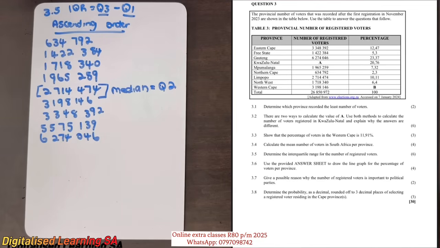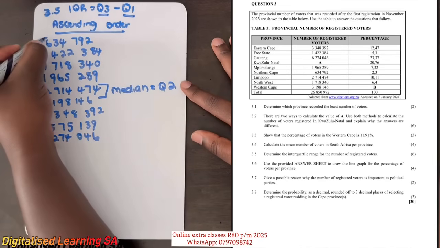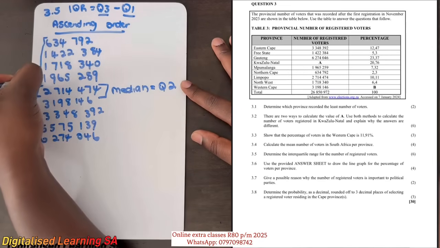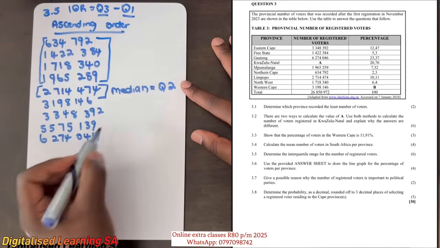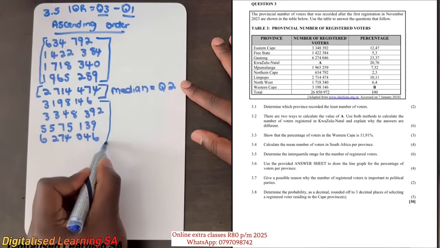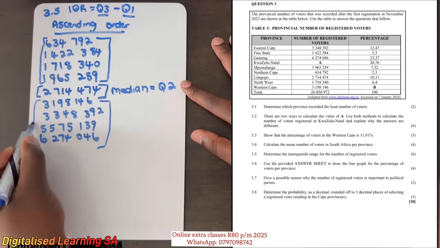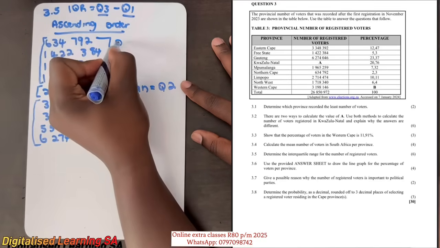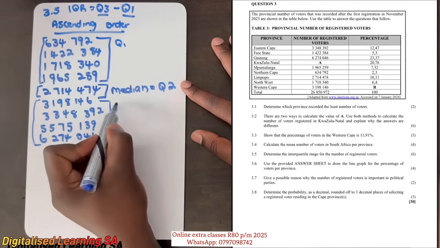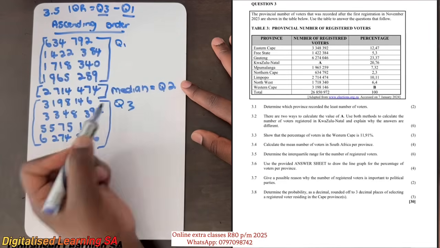So after getting the median, we need to find the median of this first part, which is going to be Q1. We also need to find the median of the second part. The median of the first part will be our Q1, and the median of the second part will be our Q3.